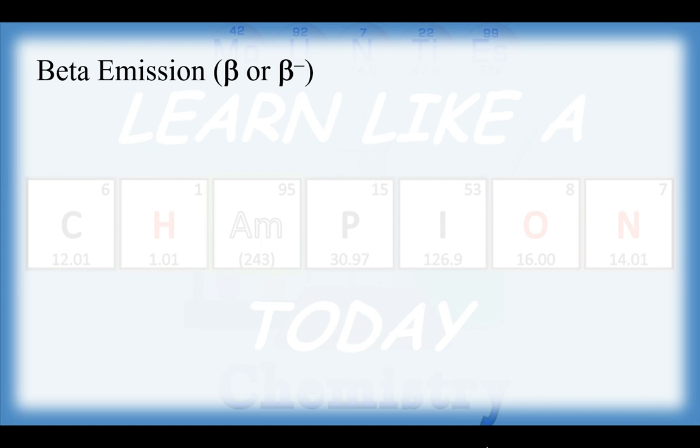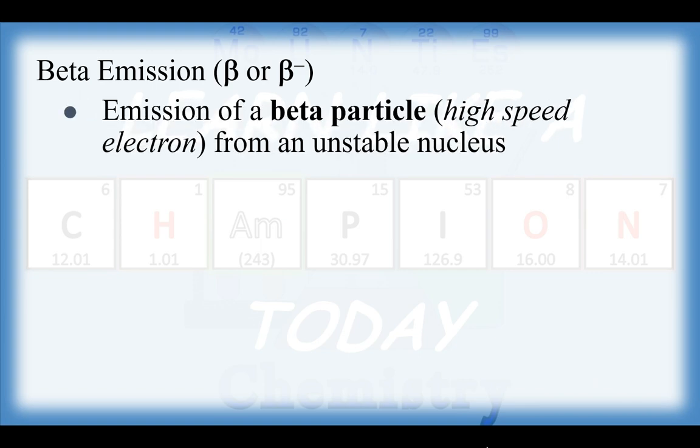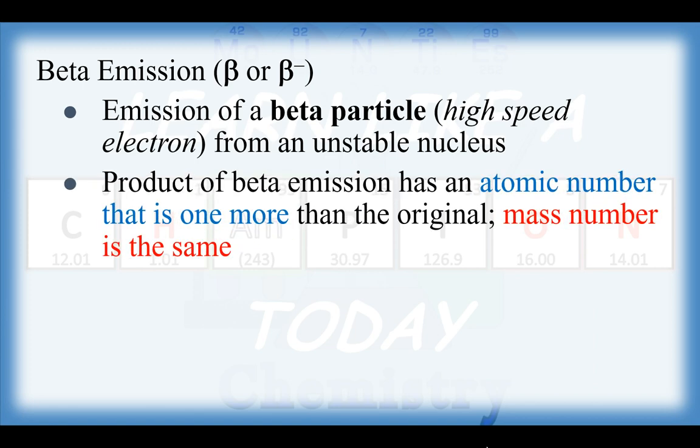Beta emission, usually indicated with either beta or beta minus, you have a beta particle, which is essentially a high-speed electron that originates from the unstable nucleus. We don't typically think of electrons as emerging from the nucleus. We usually think of them as external to the nucleus.